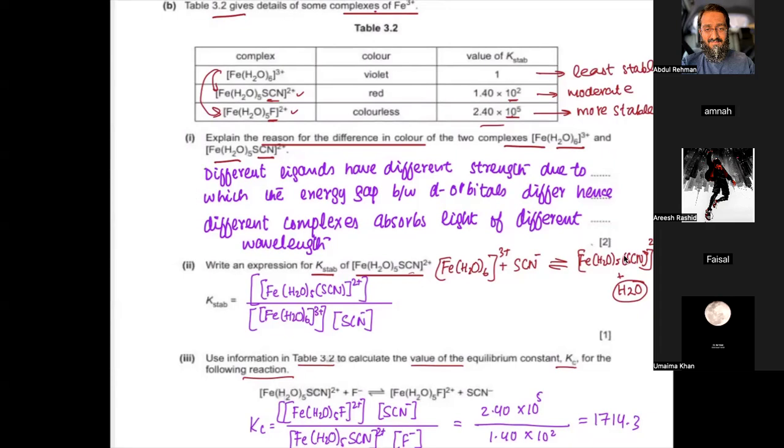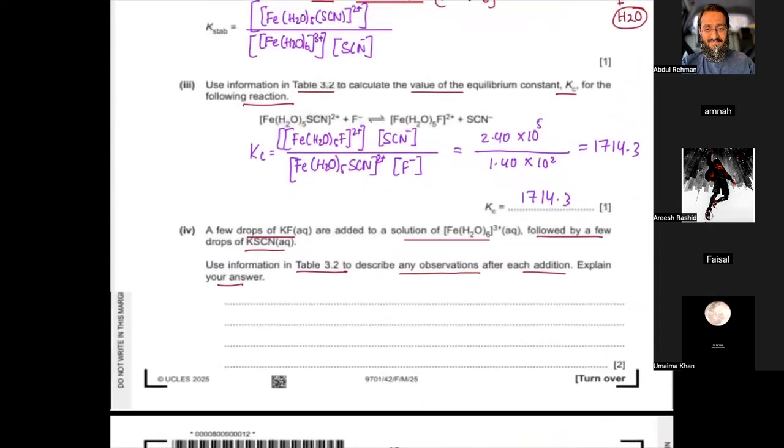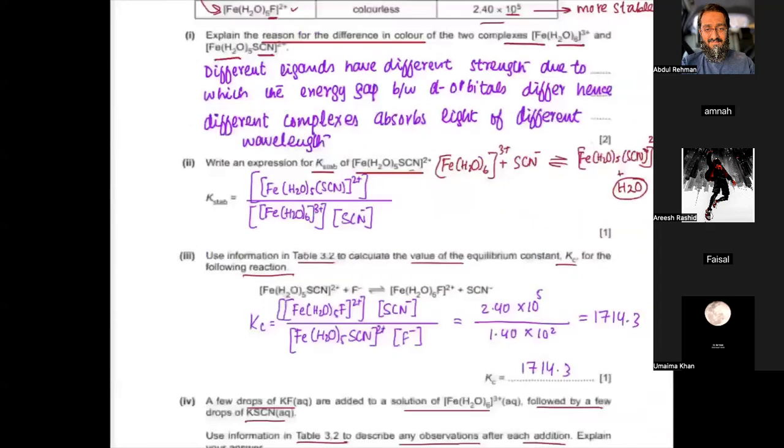Right? From the values, you can figure out which one is more stable. So initially, see what they are saying. First, you are going to add KF, which is going to give you the fluoride ion first, and then SCN is provided second, right?